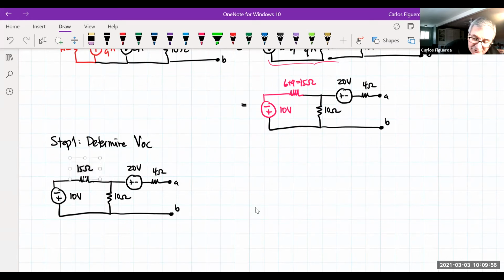So the first thing that you want to worry about is that when you look at this, note that this is the direction of VOC right there. And what you should see immediately is that there's a warning. And the warning is this.